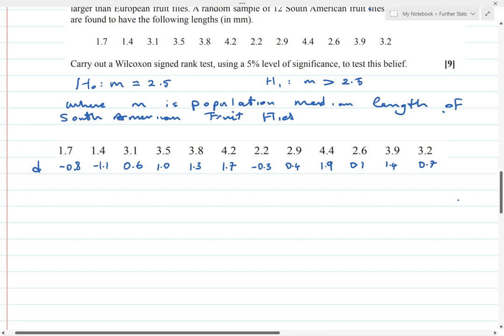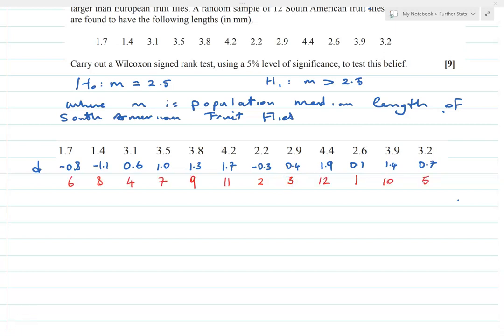So rank them: 1 is the closest to the 2.5. The next closest appears to be the 0.3, minus 0.3, but we're ignoring the sign at this stage, so that's 2. Then 0.4, that's 3, and so on.